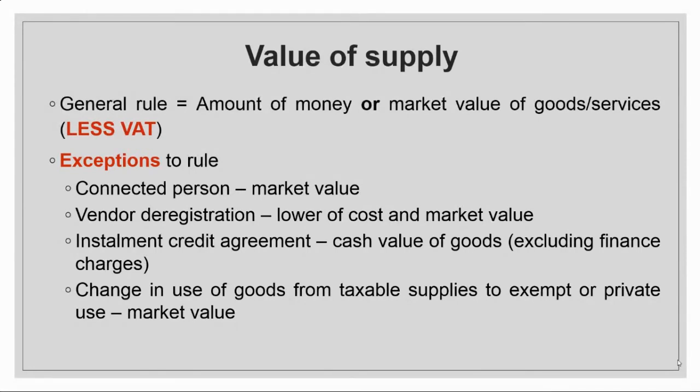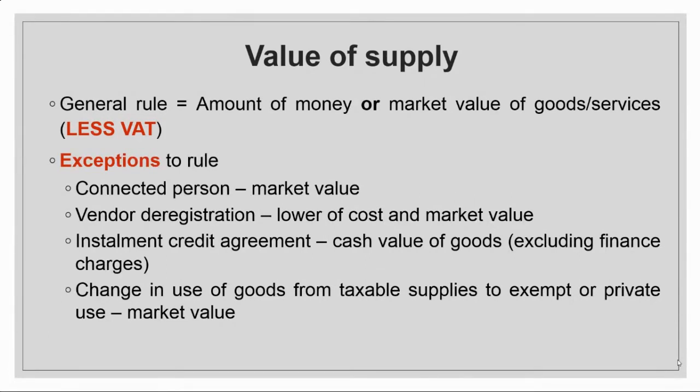Now the exceptions to the rules: if it's a connected party, we will always use the market value, because with a connected party, the assumption is that the supply is not an arm's length transaction, so it is not market related. You received it at a lower price than I would have received it from a third party.